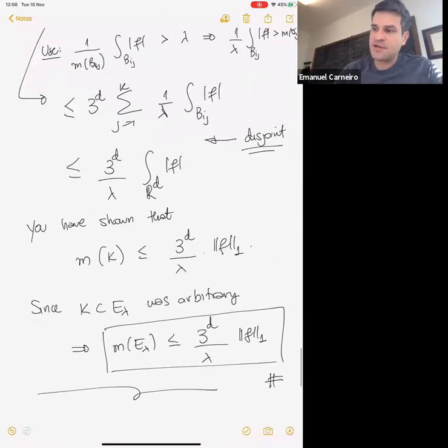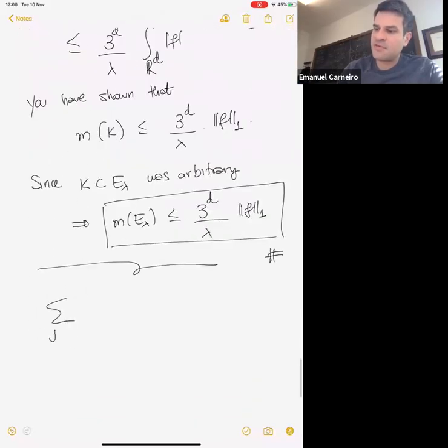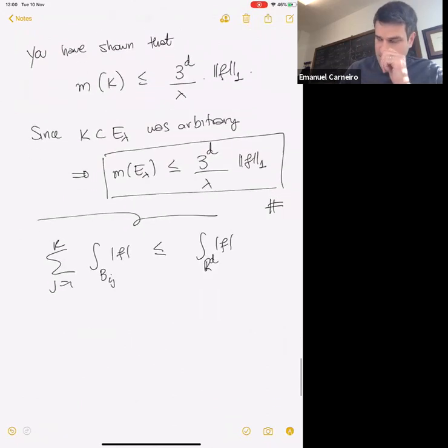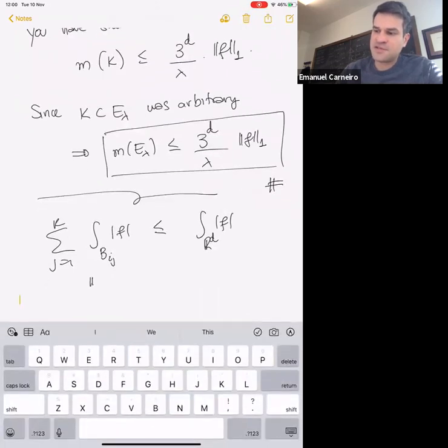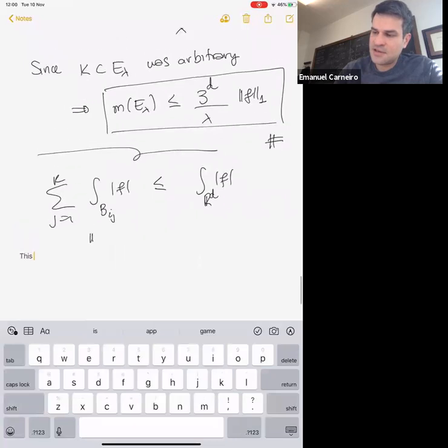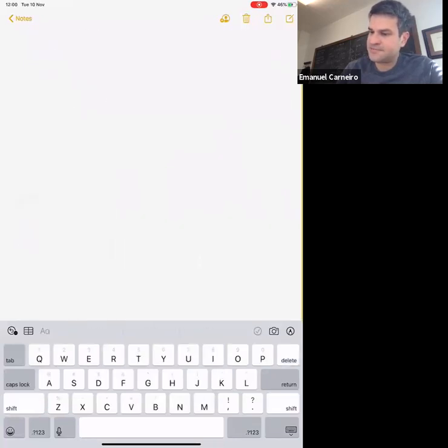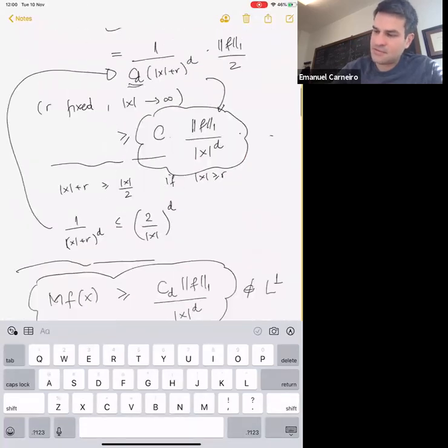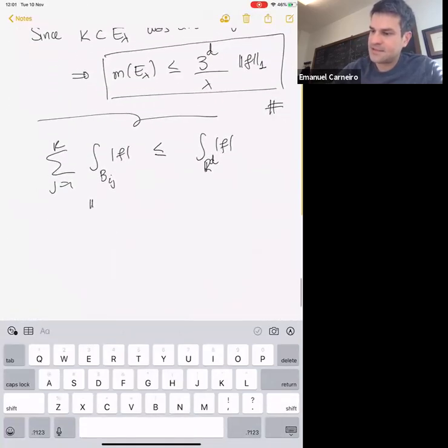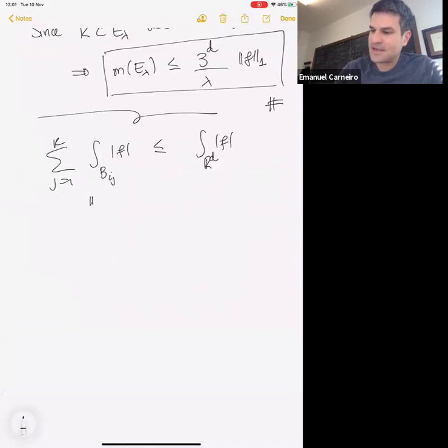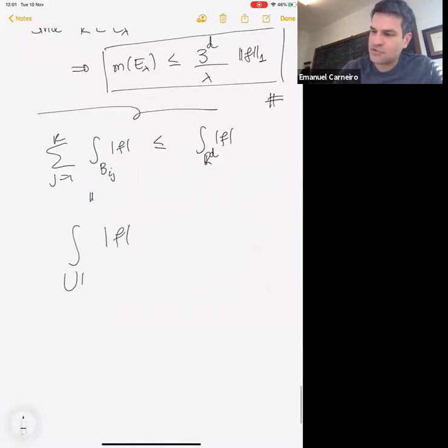I have a sum here, the sum from j=1 to k of the integrals of f over these balls Bij, and I just use the fact that this is less than the integral of f in Rd. It's just because this is the sum of the integral of f over disjoint sets. This is just the integral of f over the union of Bij's, right?